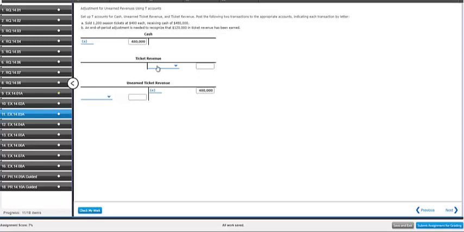Okay, so if we have earned $120,000, we're going to credit our ticket revenue for the amount that we've earned. And then we'll go in and reduce our unearned ticket revenue by $120,000.